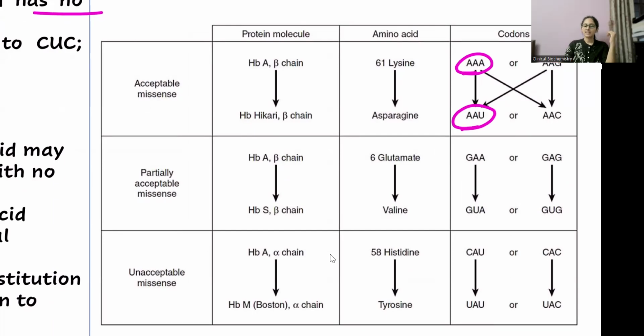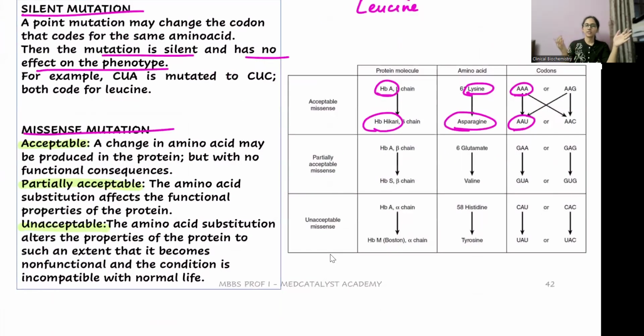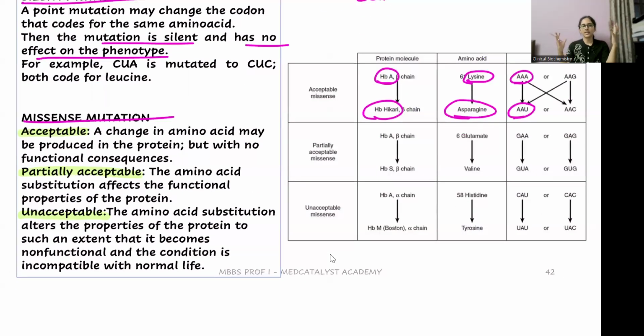So, lysine is getting converted to asparagine. Now, what has happened? Adult hemoglobin, HbA, is getting converted to HB Hikari. But still, the patient does not have that many symptoms. Phenotypically or functionally, they don't have that many complications. So maybe, okay, fine, you can accept it. So it is an acceptable missense mutation.